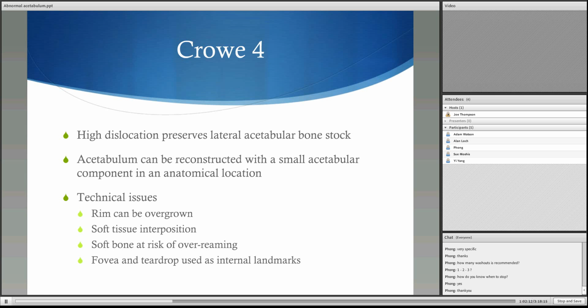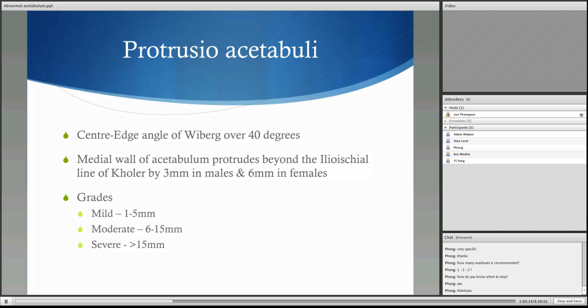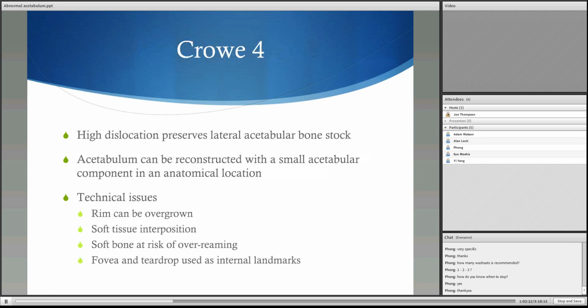In Crowe type 4 hips, because they're further dislocated up the pelvis, it actually preserves the acetabular bone stock. So quite often the acetabulum can be reconstructed in the anatomical position with a smaller component.